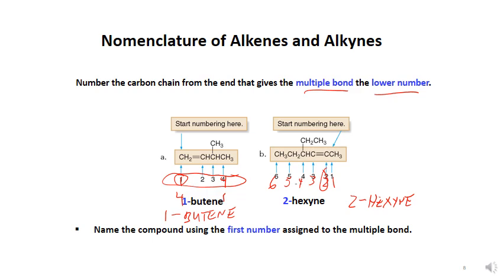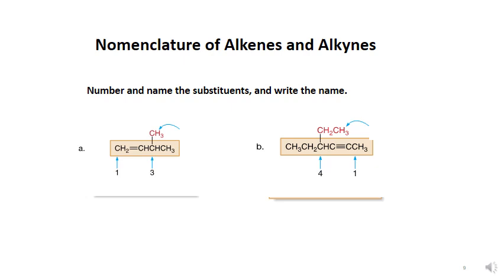So the last thing is to name the substituents off the chain. Number and name the substituents. Since we decided that that was 1, 2, 3, this is also 3, and that's a methyl group. Since this was carbon 1, 2, 3, 4, that's 4-ethyl, right?